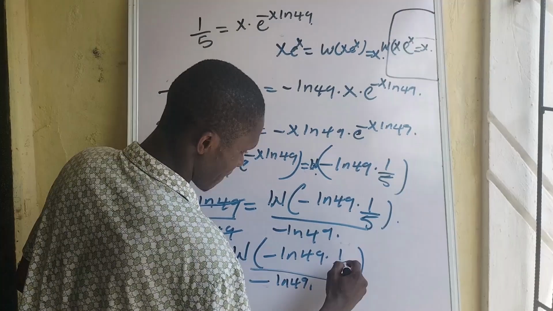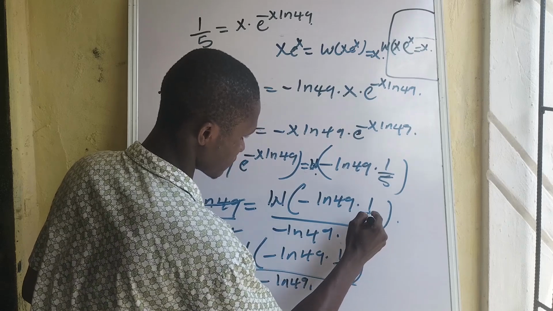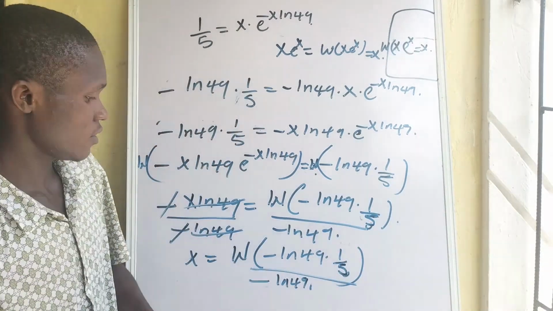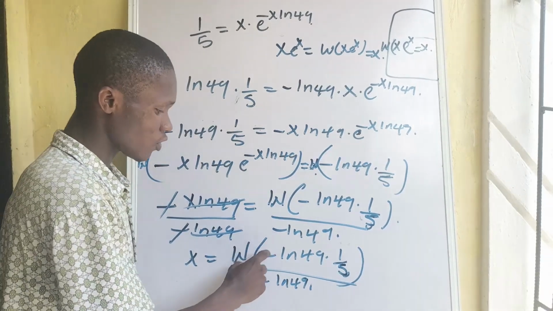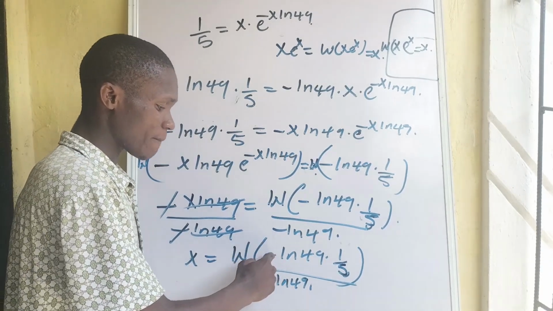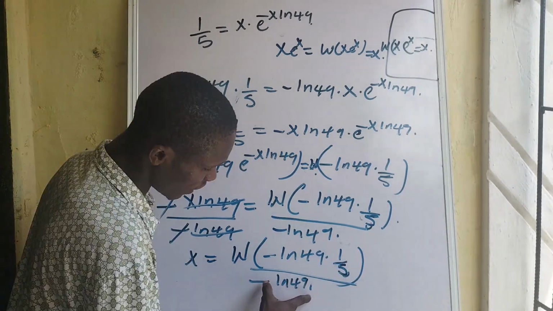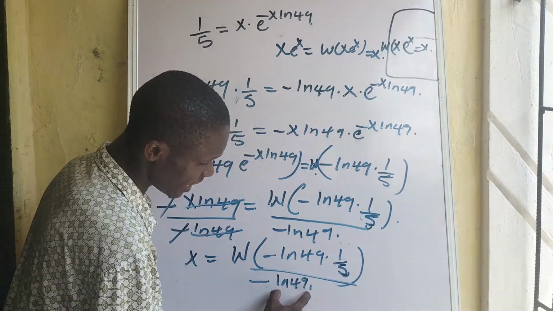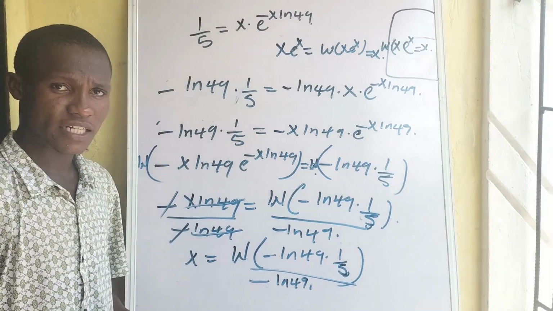So our final answer is x equals the Lambert W function of minus ln 49 times 1 over 5, all over minus ln 49. So this is the value for x.